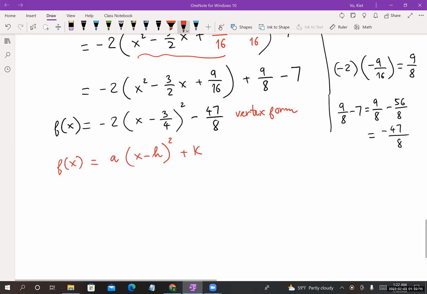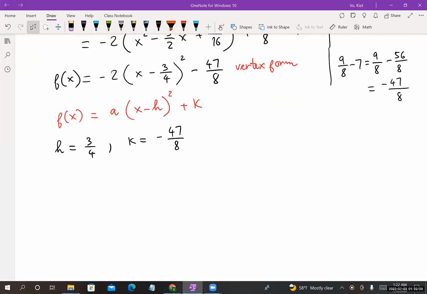Okay, so we're going to identify what is the h, what's the k in our function. So h here is going to be 3 over 4, and the k is going to be negative 47 over 8. Okay, so then the vertex for this parabola is going to be 3/4, comma, negative 47 over 8.